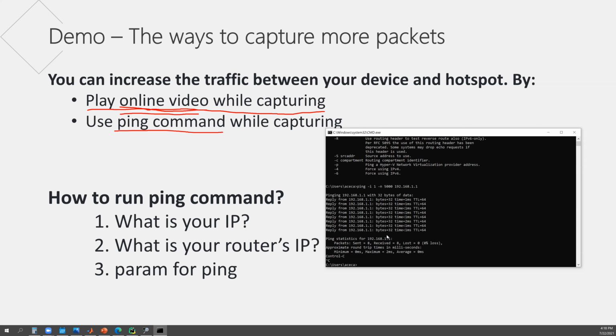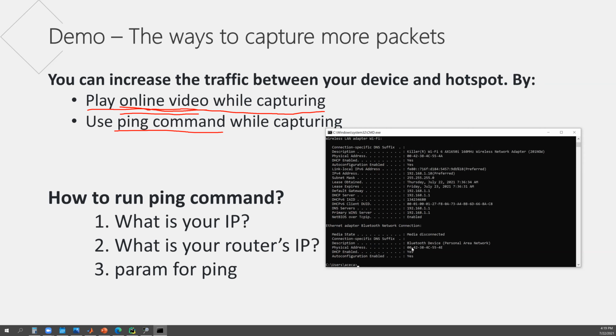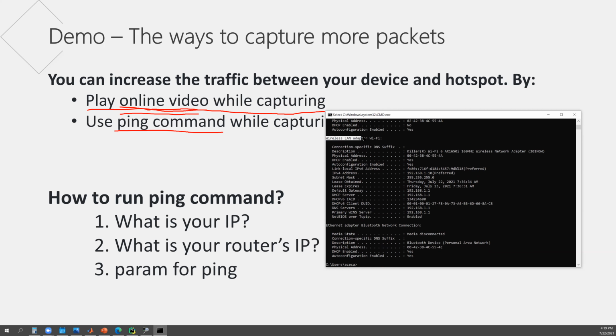So how do I figure out the IP address of my router? I use the command ipconfig here, and you can use ipconfig /all to show it. You can see here is my Wi-Fi adapter.